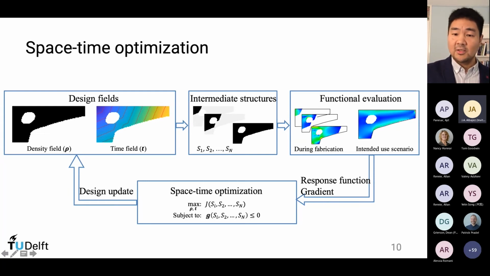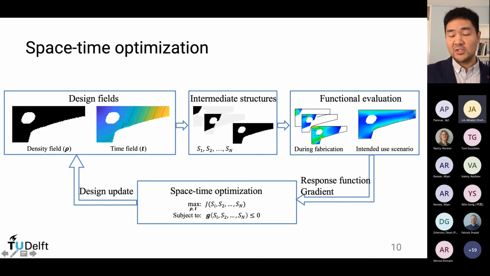Important here is we analyze not only the final structure, the complete structure, but also all the intermediate structures during the construction. So this means very intensive computation to analyze all the properties during the continuous fabrication process.